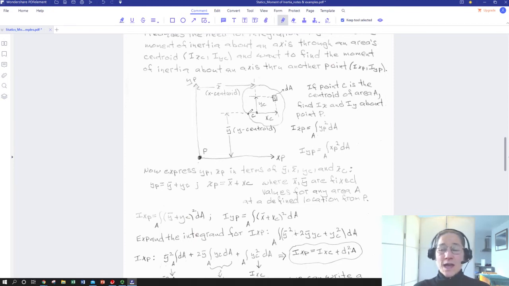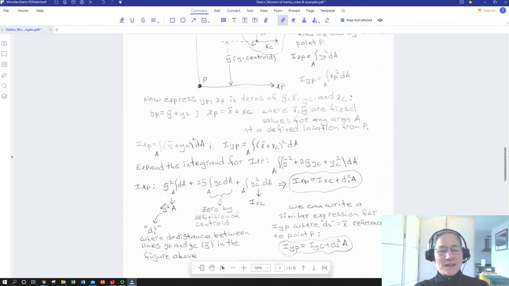So here's where we get parallel axis, right? If we look at the x-axis through the centroid, which just so happens to be parallel to the x-axis through point P, the distance between the two parallel axes is the y-centroid location, y bar.